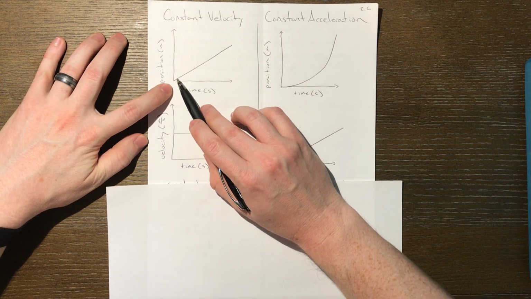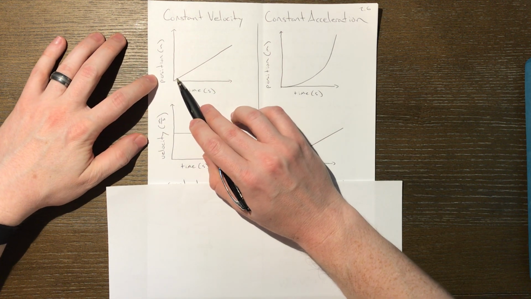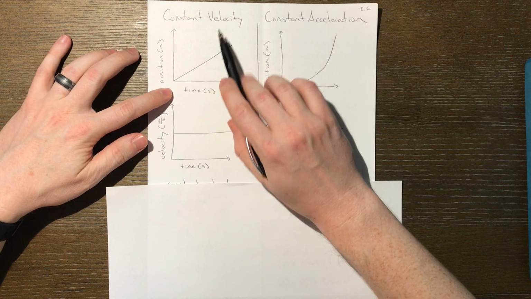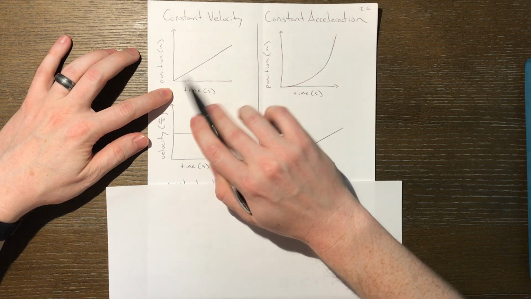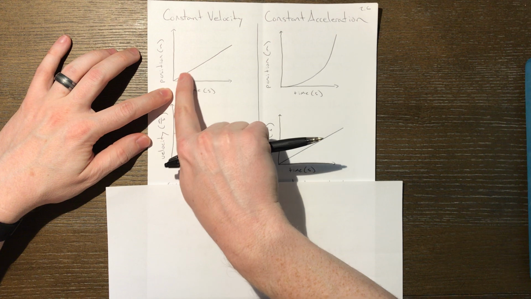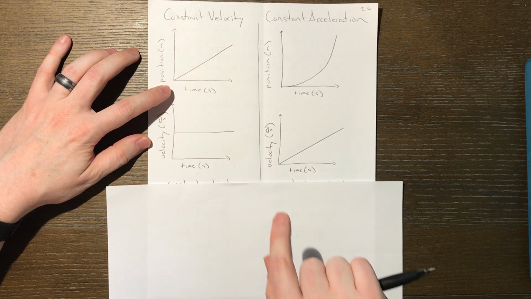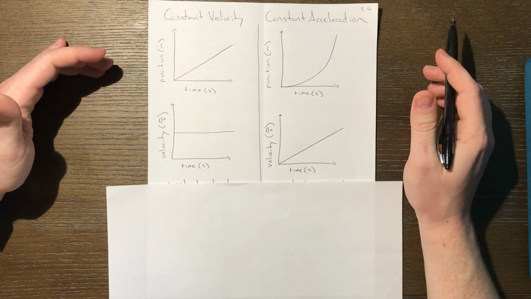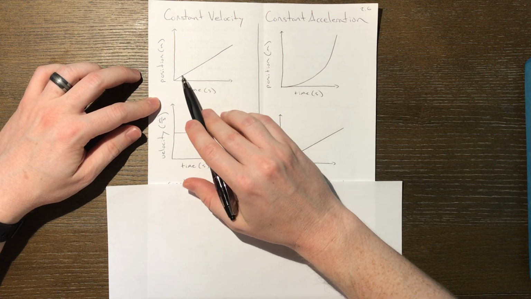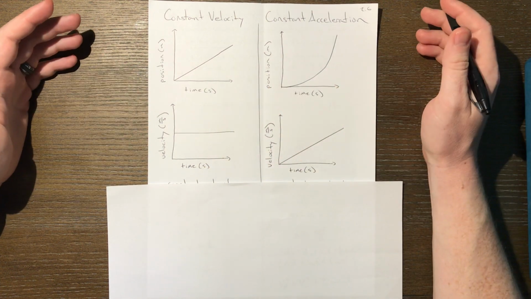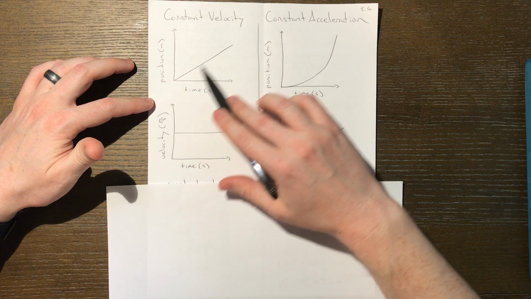Well, we do have a slope here, and we can interpret that. As time goes on, if we have constant velocity, we move to the right, and our position is changing, but it changes nice and steadily. As time goes on, we cover more and more distance in equal amounts so that we get that nice straight line.